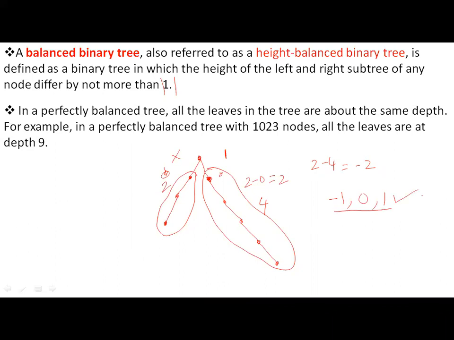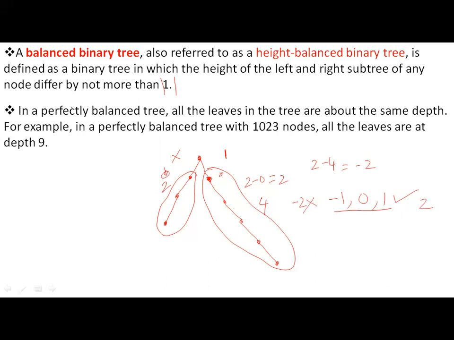If it is more than this, even if you get -2 or +2, it is not a balanced tree. So these three values you should remember. The absolute value of the height difference should not be more than 1, that is what we assume, nothing but -1 or 0 or 1.